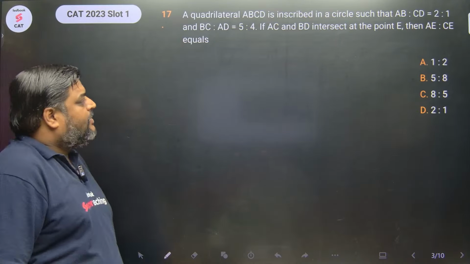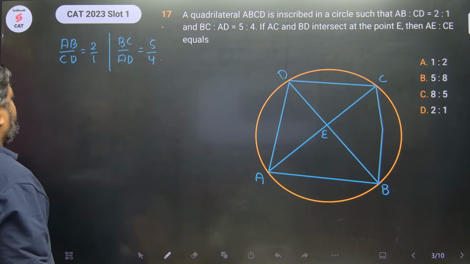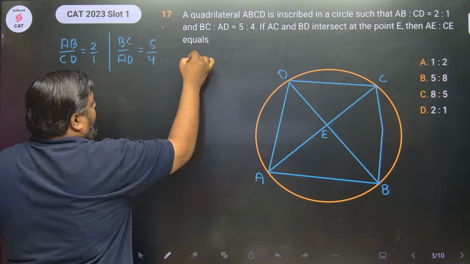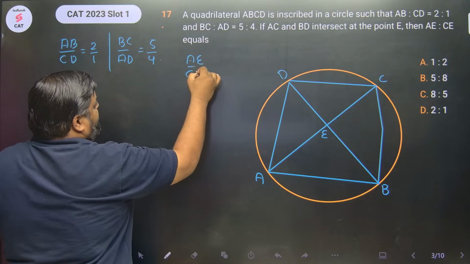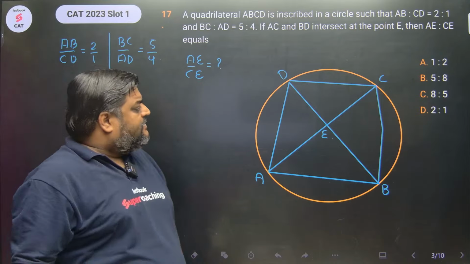Also we have BC by AD as 5 by 4. What is desired? AE by CE is expected.